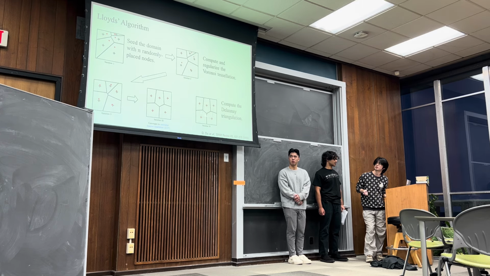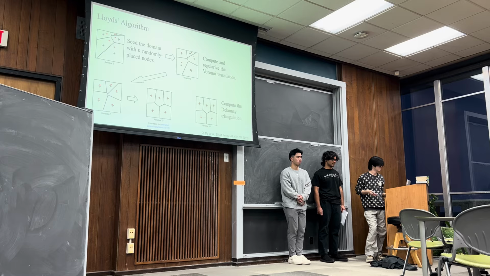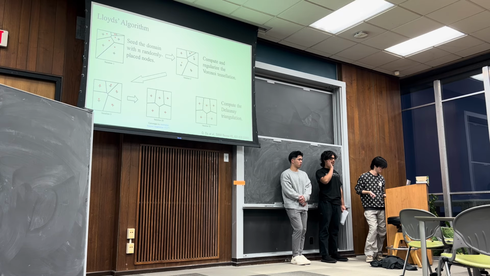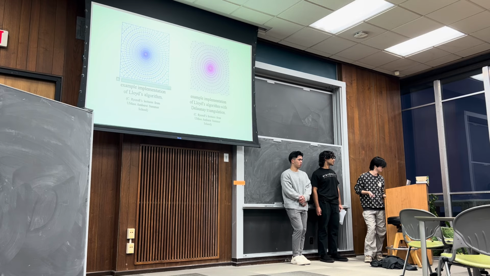And we just connect the nodes that share the same edges, and we compute the triangulation here. So this is an example of the Lloyd's algorithm and the triangulation, but it's uniformly placed, not randomly placed.